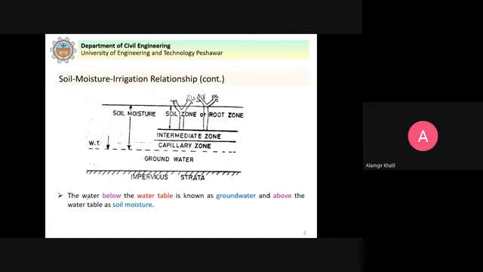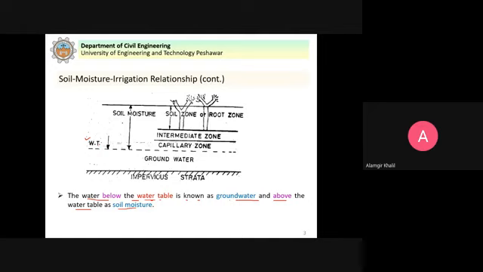Now, the water below the water table is known as groundwater, and above the water table is soil moisture. So we have this water table. This is the upper limit of the saturation zone.